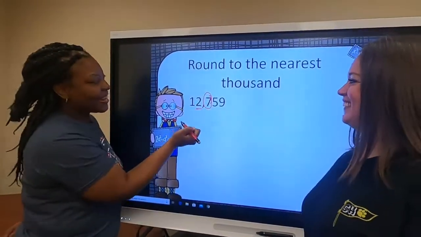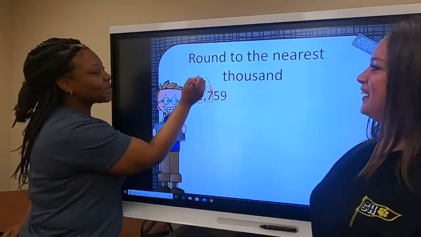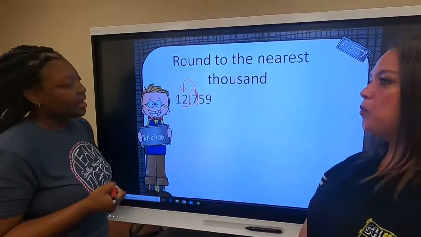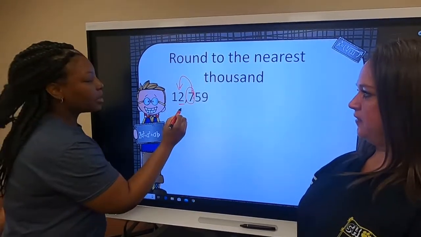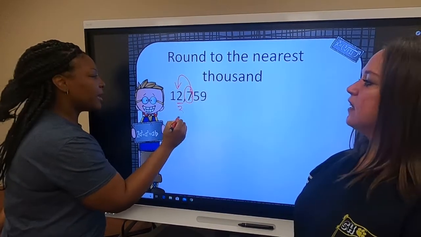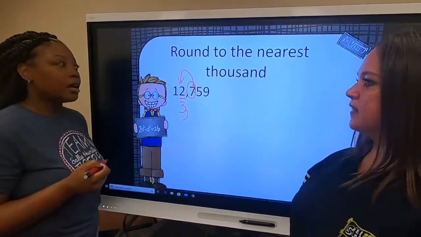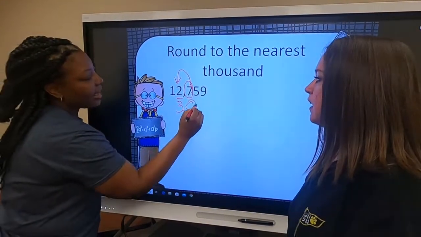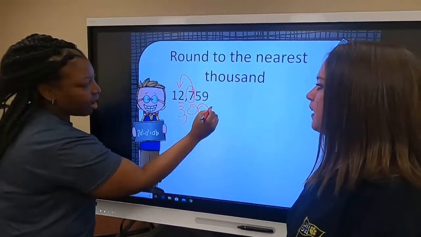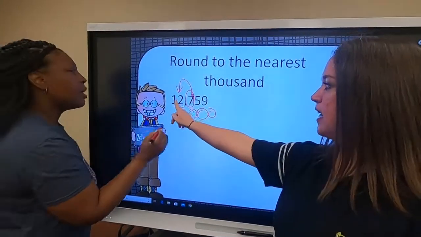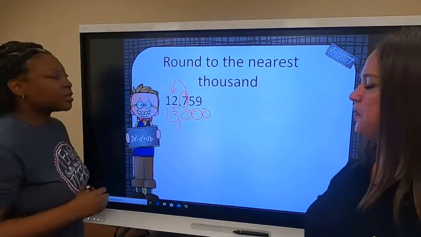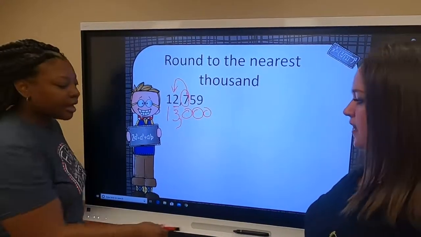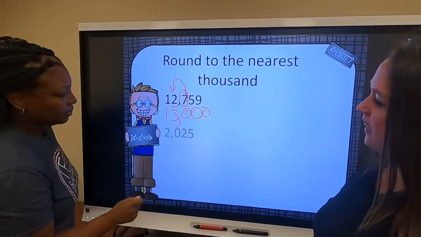So that 7 tells me what about my 2? That 7 tells that 2 to go up 1. So my 2 will go up to a 3. And all of my numbers behind it to the right will turn to zeros. And I cannot leave off what, Miss Wilson? That 1, that 10,000 has to come. So 12,759 rounds to 13,000. Yes.